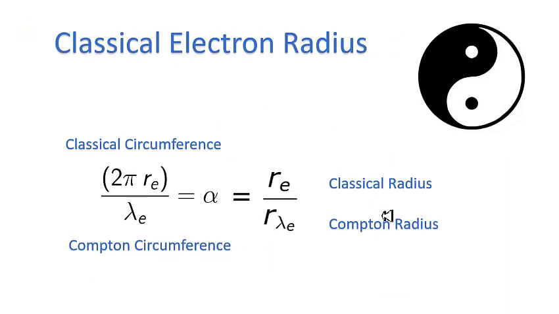So we can write it in terms of the actual classical electron radius divided by the circumference divided by 2 pi, which gives the radius of this circle, which also happens to be the charge separation of my own particle model. And so when you take the classical electron radius and divide it by the Compton radius, or the radius of my own particle system, or the charge separation of my own particle system, you also get alpha.